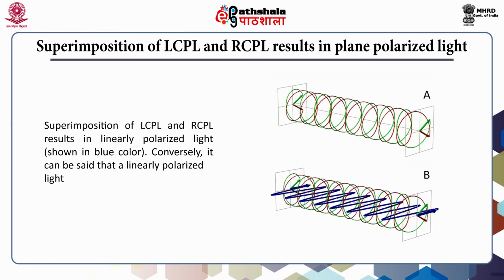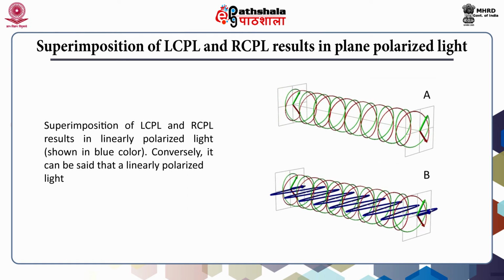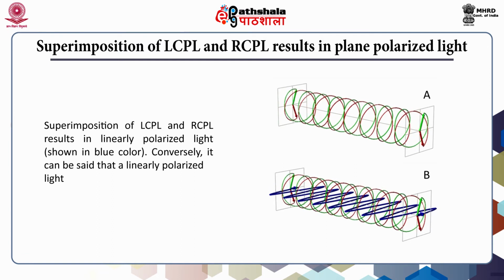The blue component in panel B shows how left-handed and right-handed, which are shown with the two vectors rotating in clockwise and anti-clockwise directions, combine together and produce a new wave which is oscillating in the horizontal direction and shown in blue color.